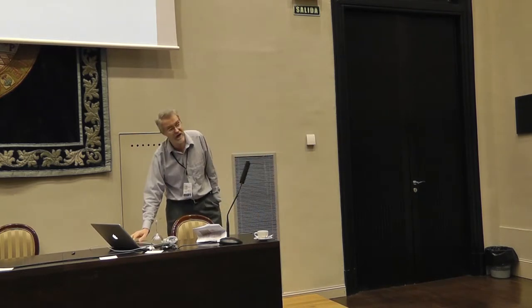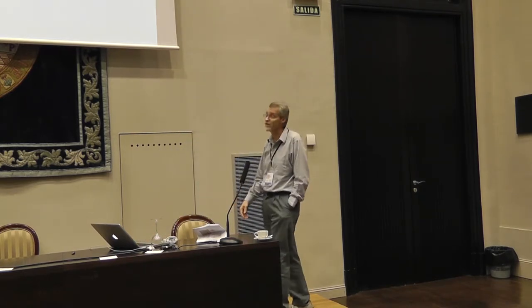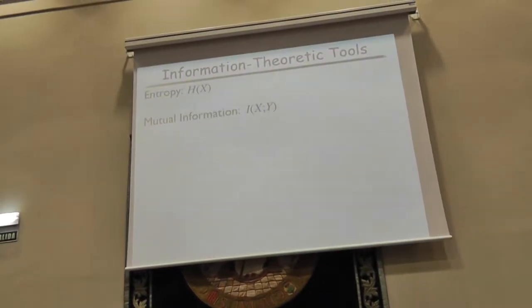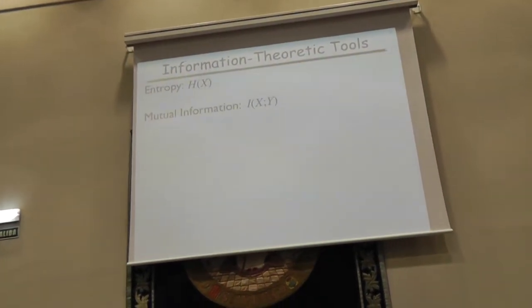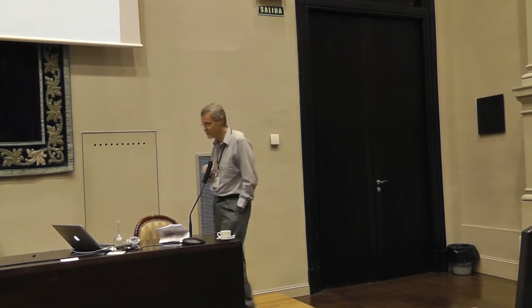We're not actually going to be using entropy directly. As most people do, we're going to be using mutual information, which is a relationship between two random variables, and it basically measures the extent to which my uncertainty about one random variable is reduced by knowing the value of another random variable. Okay?